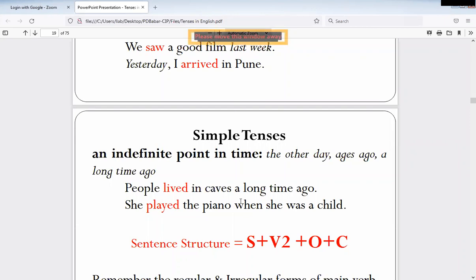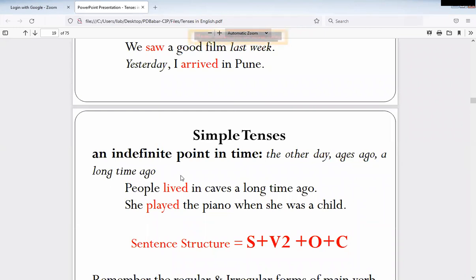So we were at the indefinite point in time. The phrases or expressions like the other day, ages ago, a long time ago. These are the expressions with the help of which we can construct different types of sentences.